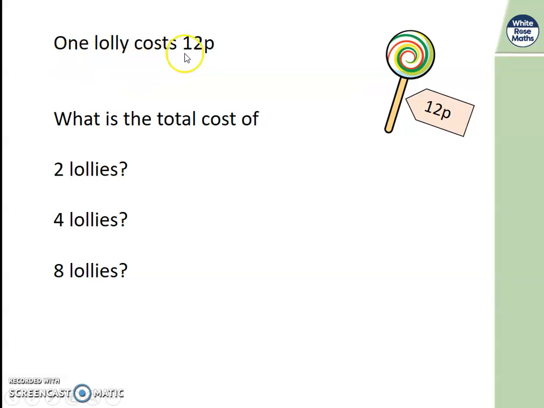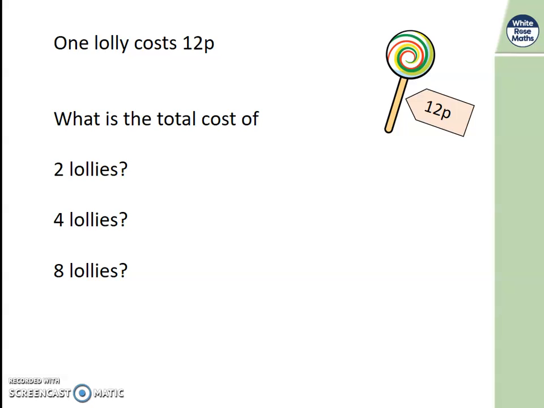So if one lolly costs 12 pence, here's the lolly, 12 pence, what is the cost of 2 lollies, 4 lollies and 8 lollies? Have a go at figuring them out. You can use a visual method to help you, or you could use that knowledge that we've just learned about the connection between the 2, 4 and 8 times table.